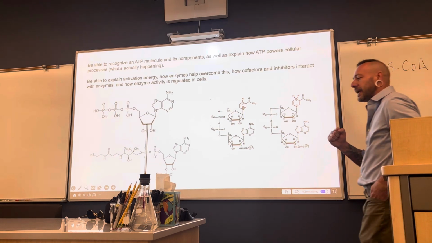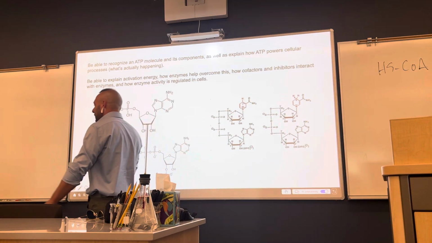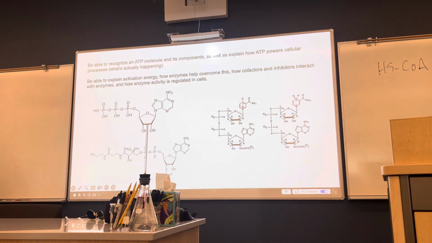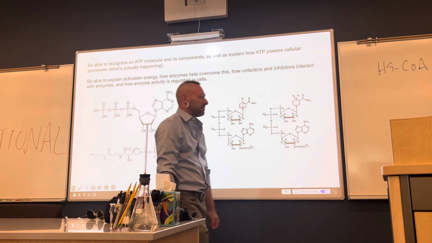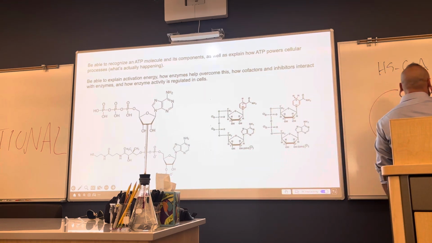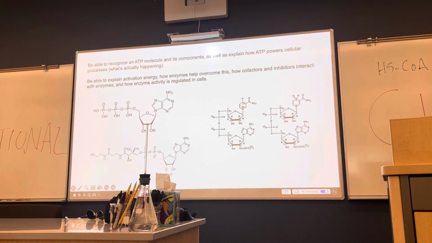This is like a foundational key concept that will serve you for the rest of your life, so I'm going to write it in red super big. There we go.